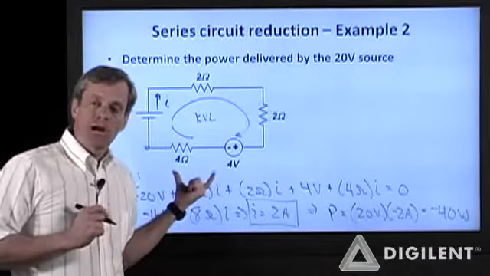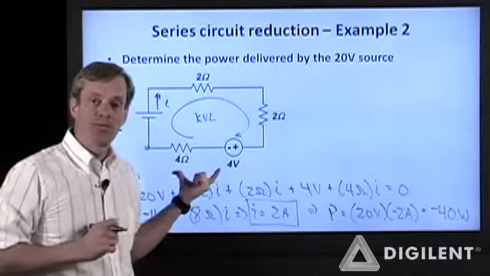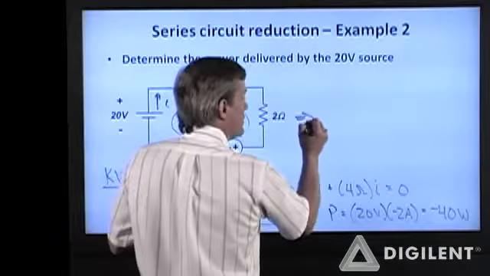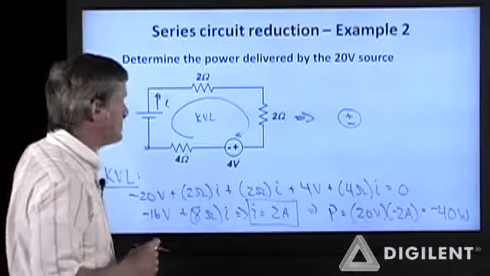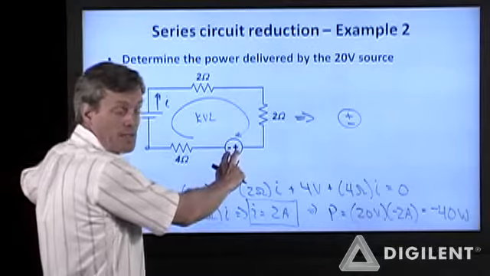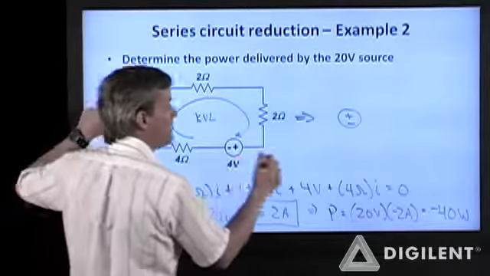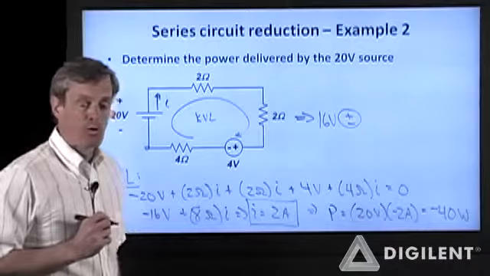We could do this problem a different way. We could take this overall circuit and just simplify it. We could write this circuit as a voltage source with a voltage difference of plus 20 volts here. This polarity is the opposite to this, so 20 volts minus 4 volts is an equivalent 16 volt source.